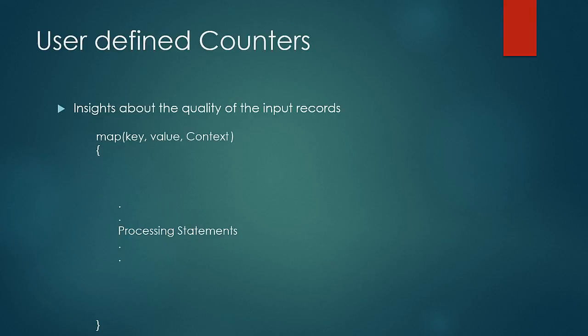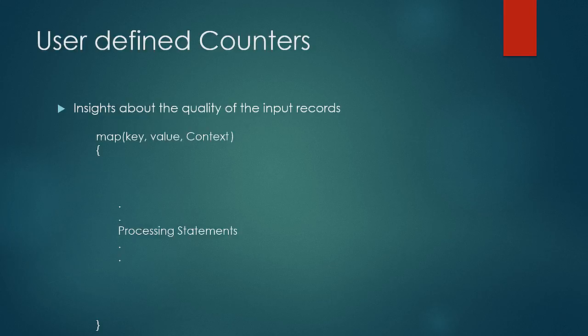The general idea behind designing user-defined counters is that they would bring out meaningful insight about the data that is being processed. Furthermore, as a good programming practice, it is recommended to have counters which help the user understand the data that is processed. So in general, the map-side algorithm would look like a map function and the processing logic.